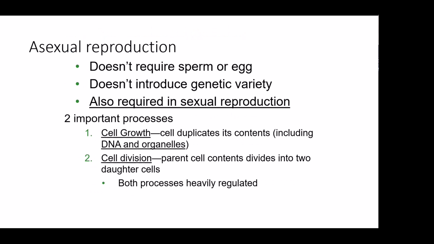So asexual reproduction is a reproductive process, so you're making more, but it's asexual. It does not involve any form of genetic recombination. It doesn't introduce variety, so you don't have new gene combinations and things like that.